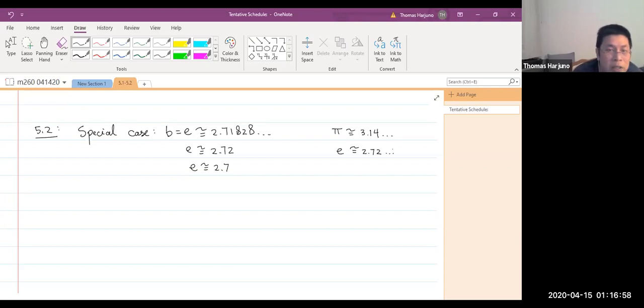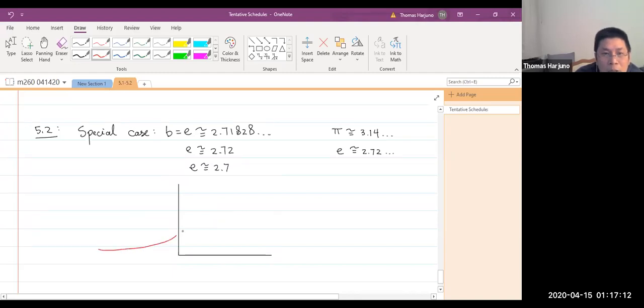Right now, I will just see that as a constant 2.7, which means when I sketch the graph, it will behave quite similar to 2 to the x. It's actually steeper than 2 to the x, but less steep compared to 3 to the x. So the important coordinates will be 0, 1, then 1, e, and negative 1, 1 over e.